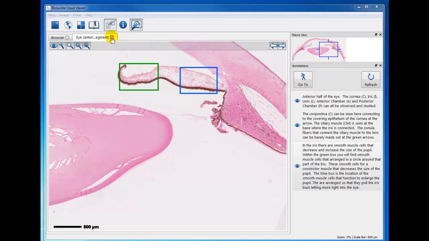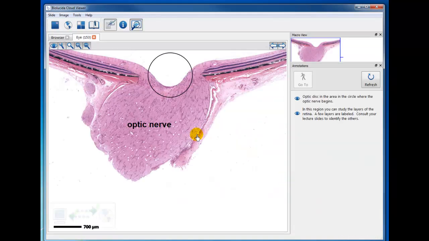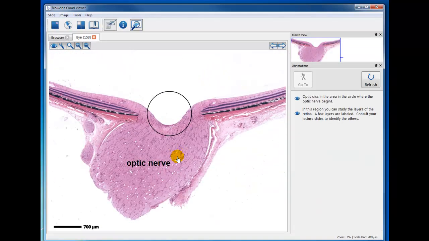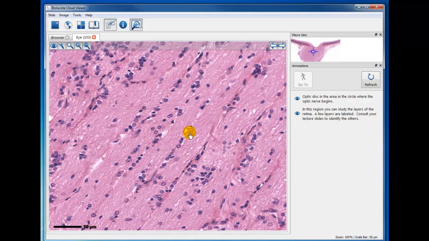I'm going to go to the next specimen, which is a section through the back of the eye where you see the retina on either side, and then all of the optic nerve fibers come together at the optic disc, which is slightly depressed, and all of the nerve fibers that are carrying the information from the retina come out here in the optic nerve.